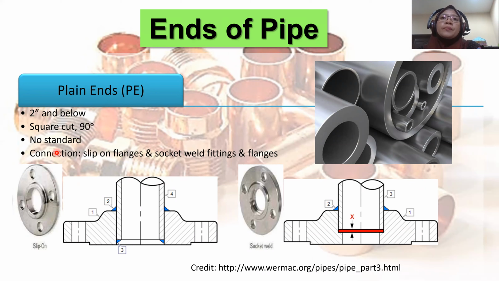The pipe is simply square cut at 90 degrees, perpendicular to the outside diameter of the pipe. For this kind of end there is no standard because of its simple geometry, and it is generally used in combination with slip-on flange.